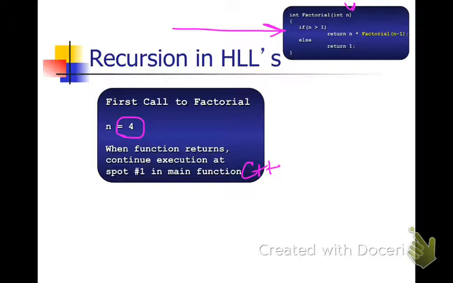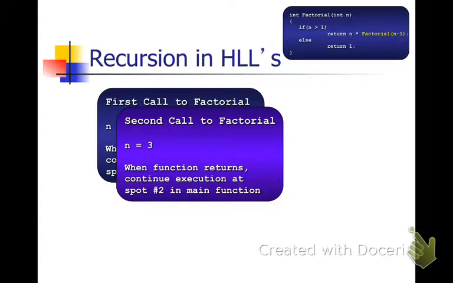and 4 is greater than 1. So I'm going to execute this return statement, but again, I've got to evaluate this expression, which means I'm going to have another call to factorial, this time sending 3, n minus 1. The second call to factorial is going to come from within that assembly language code itself. So in the next call, I'm going to be passing 3 to the function.